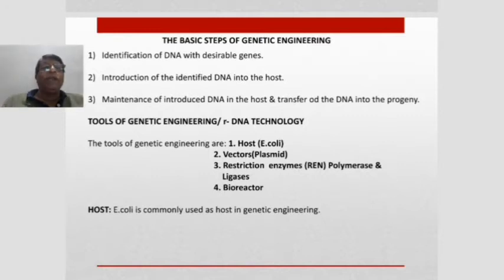Identification of DNA with the desirable genes. This is very, very important. It is the first and the basic step of genetic engineering. Identification of DNA with desirable genes means first you must identify the DNA.